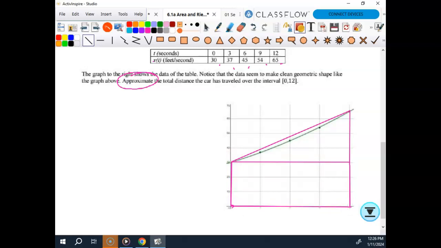Okay. So how many of you remember the area formula for a trapezoid? You don't have to tell me what it is. Do you know what it is for a rectangle? Do you know what it is for a triangle? Okay, so splitting it up like that, totally fine, right?